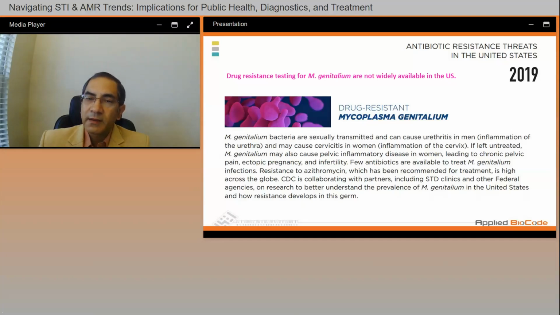We all know that testing provides an important tool to identify drug-resistant Mgen and manage it appropriately. Without this, we will not be able to manage the threat posed by drug-resistant bacteria. After all, we do not have a huge list of antimicrobial agents to treat drug-resistant Mgen or any other pathogens.